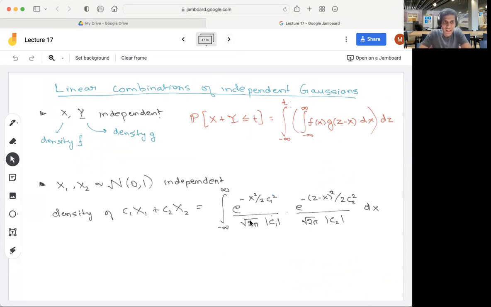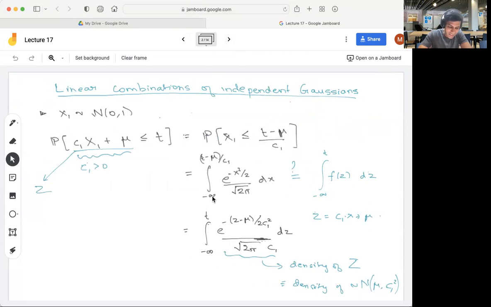Okay. Going further, we now want to look at, let's say, a linear combination of two Gaussian random variables. And again, we assumed C was positive. If C is negative, nothing much would happen.